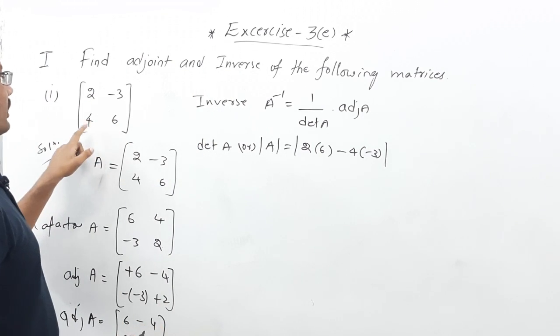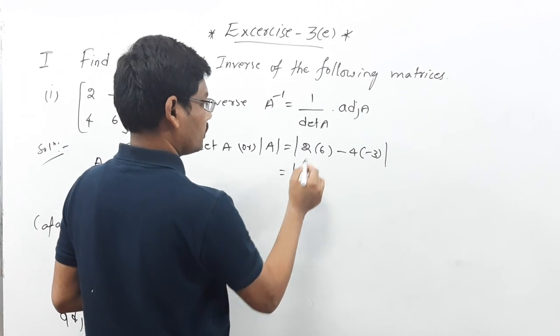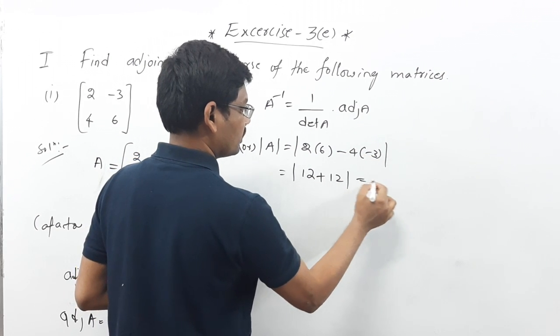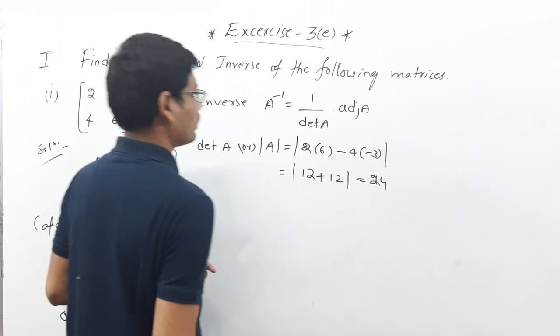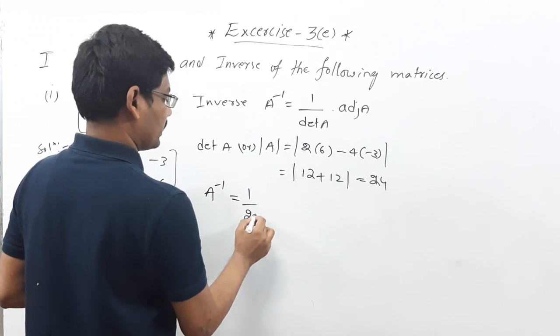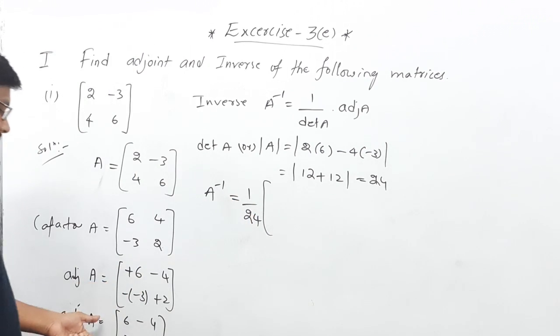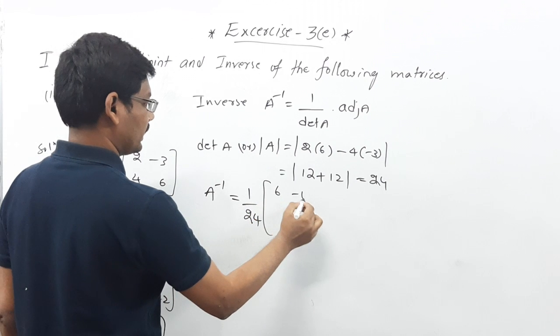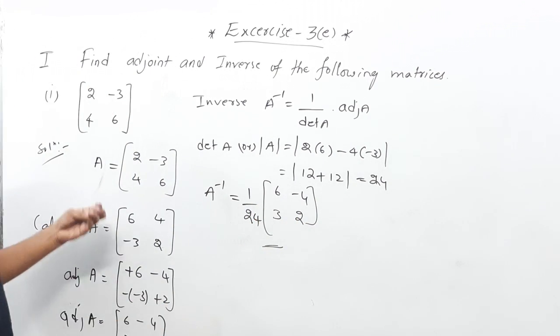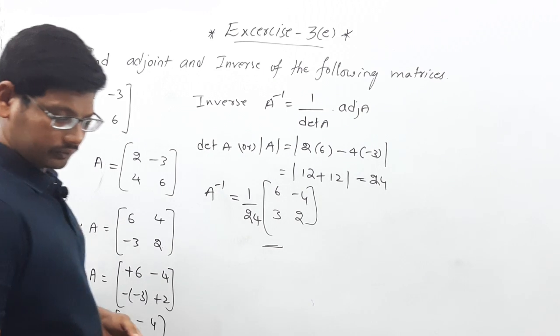So 2 times 6 is 12, minus into minus becomes plus 12, that is equal to 24. Here A inverse is equal to 1 by 24 into adjoint A, that is 6, minus 4, 3, 2. This is the solution for the first question.